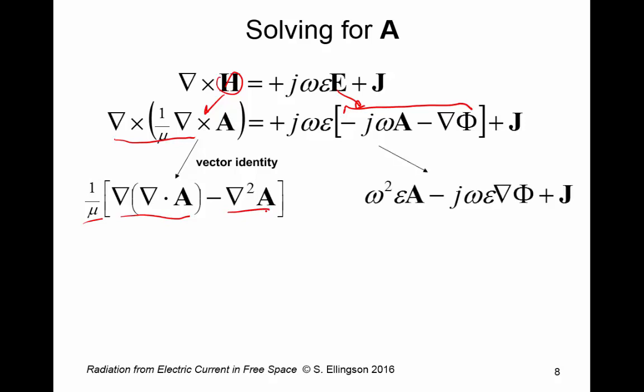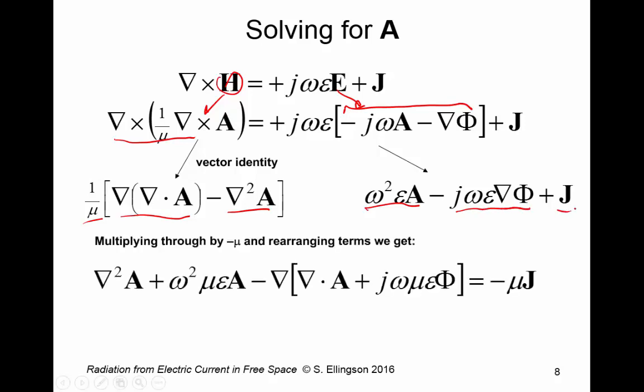On the right, we can just distribute j omega epsilon through the rest of the terms here, and we end up with omega squared epsilon A minus j omega epsilon times the gradient of phi plus J. Now we multiply through by minus mu. That kind of cleans up this annoying mu in the denominator over here.